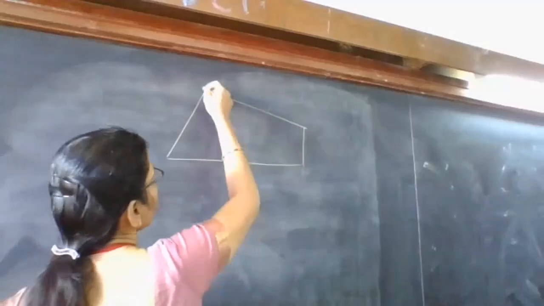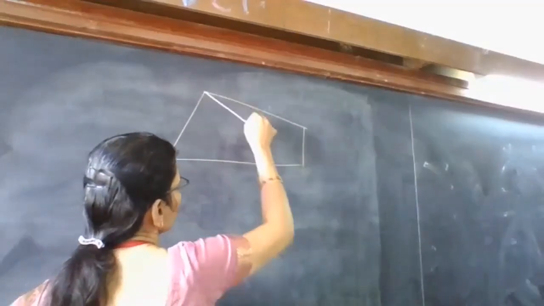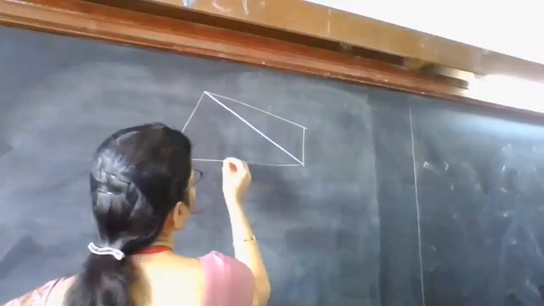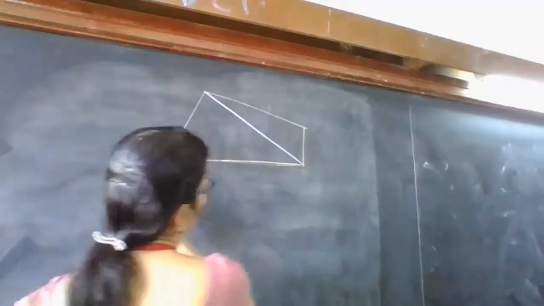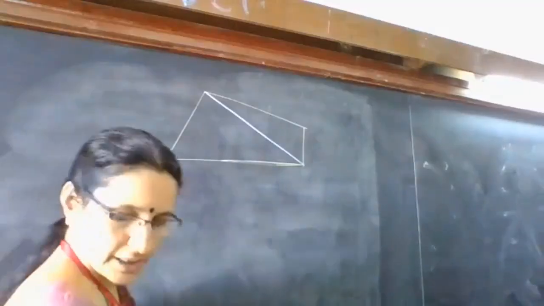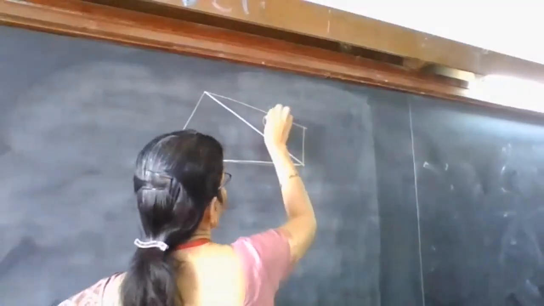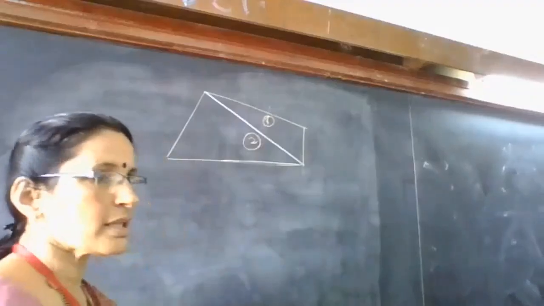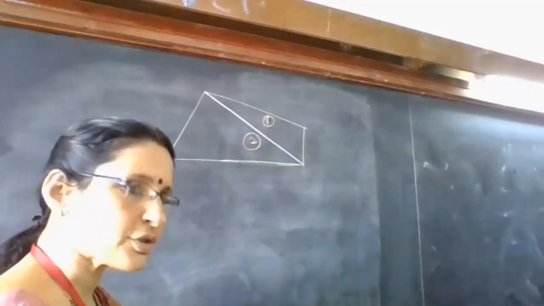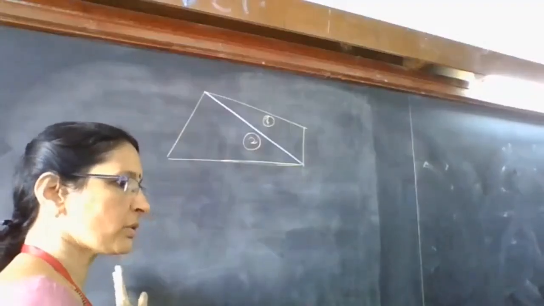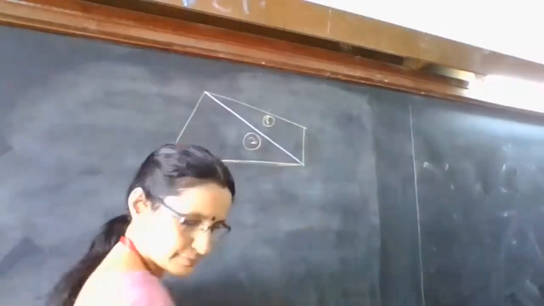So let me split it and make it into two triangles, triangle 1 and triangle 2. The sum of the areas of these two triangles will be the area of the quadrilateral. Sure, no? So let me draw the height.